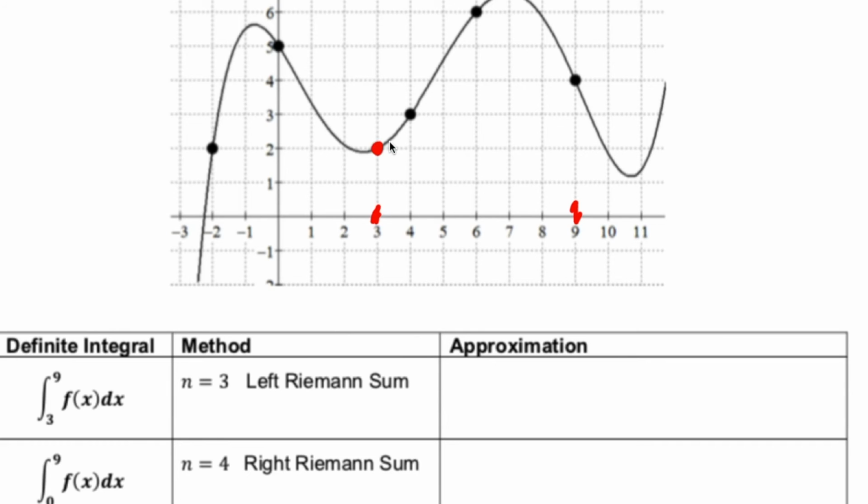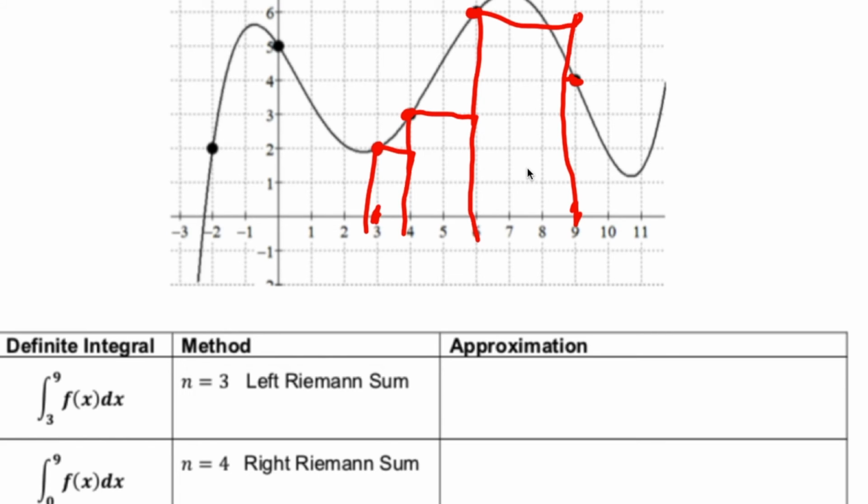Again, we're using these dots as our widths. Now, a left Riemann sum is going to start here and go like this. The next one will go from here over to here. There's 2 rectangles. And then the last one will look like this, only a lot nicer because I can't draw a straight line on this tablet. But there's your 3 rectangles.